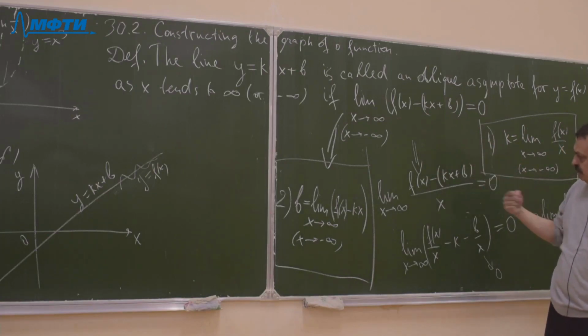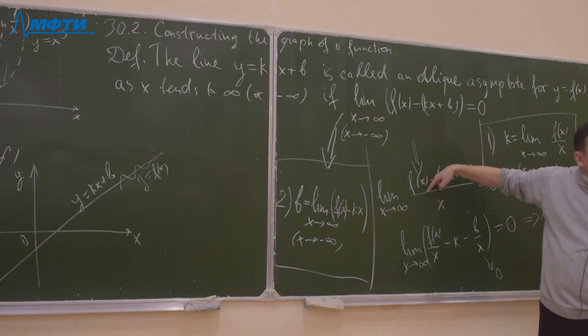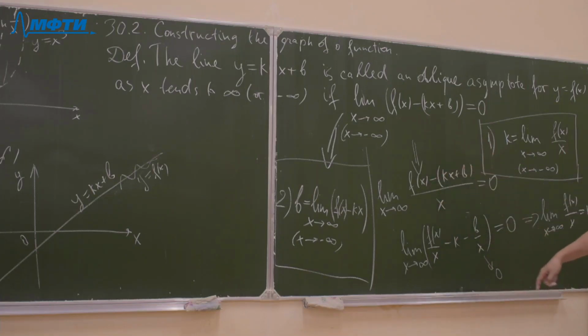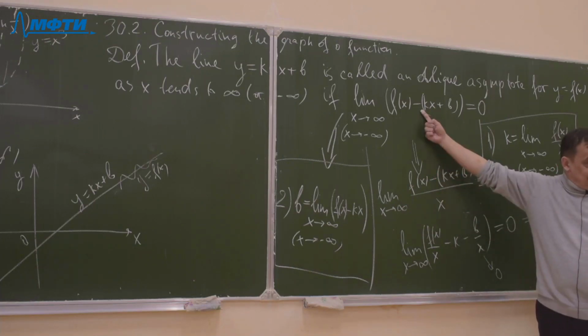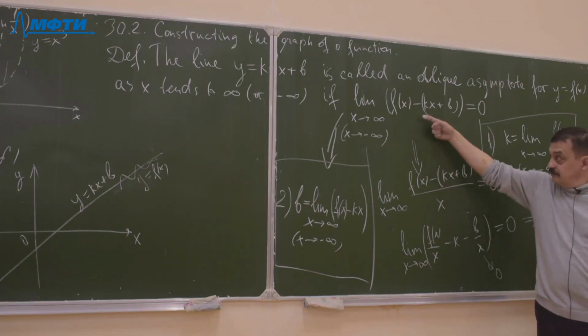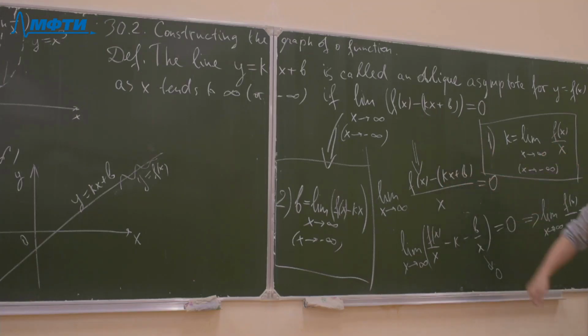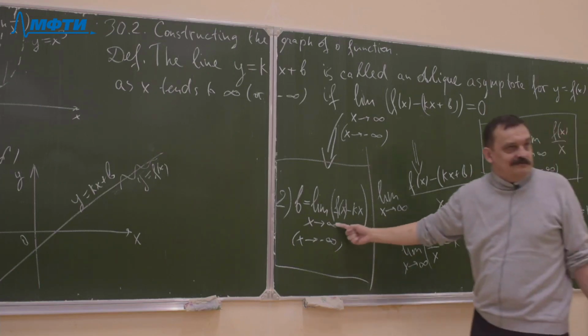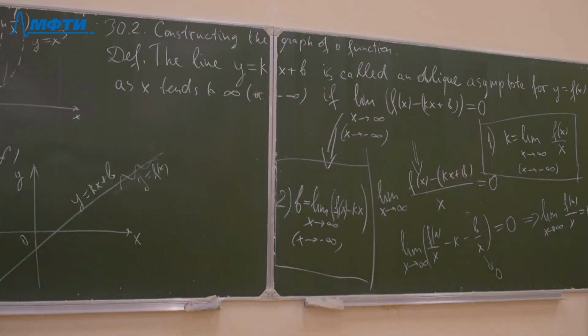I didn't convert that limit into one. That is an implication, right? It doesn't follow from this equality that one, but from this equality it follows that one, right? So why did I do it? Just to compute k and b. That's all. The only reason was to find k and b.